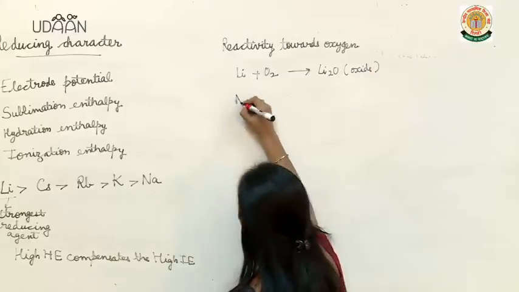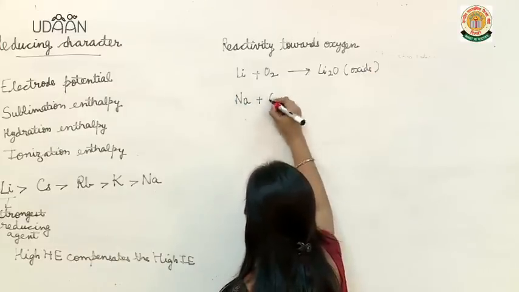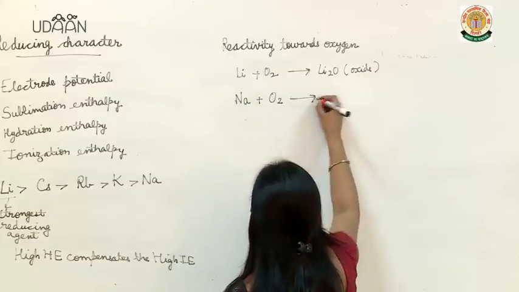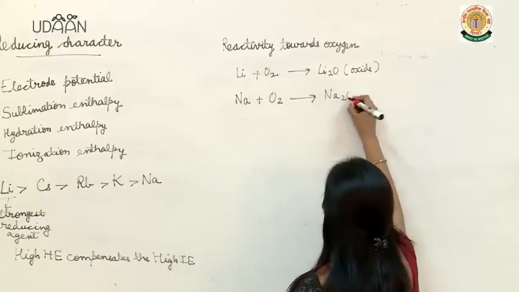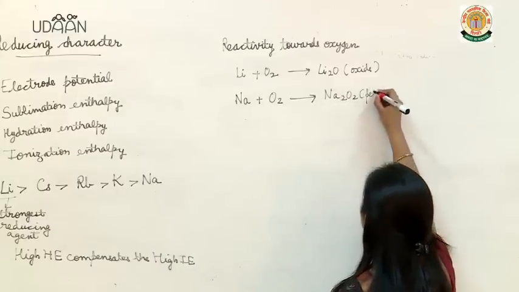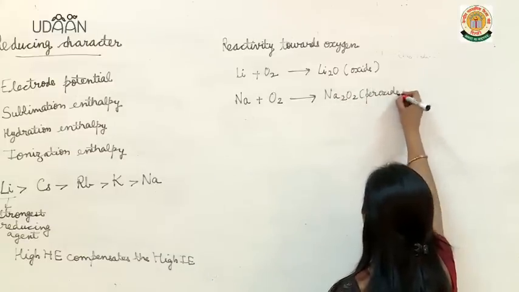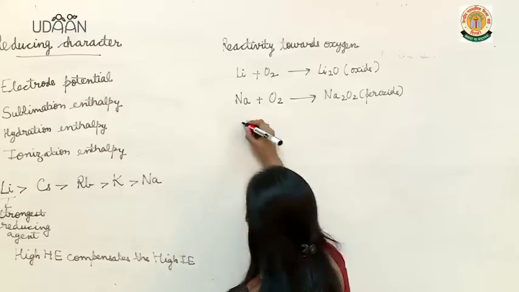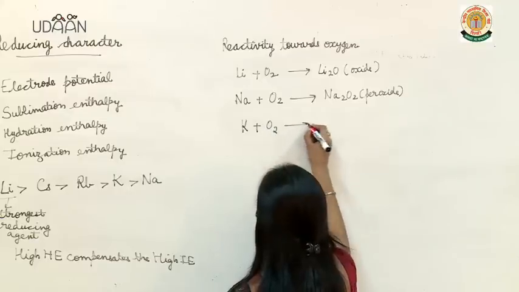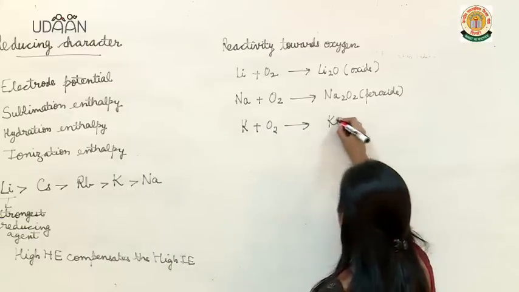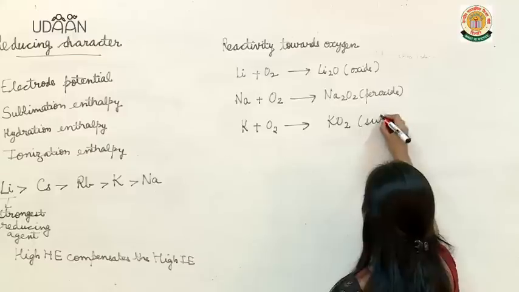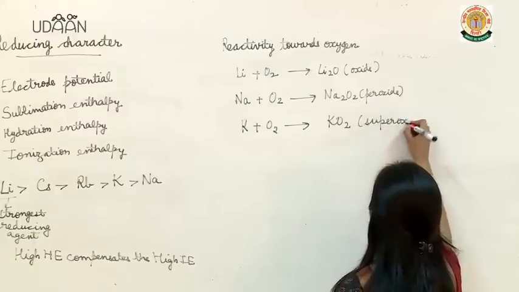If I take the example of sodium, it will react with oxygen to form Na2O2, and this is a peroxide. And if I take the example of potassium, it reacts with O2 to form KO2, and this is a superoxide.